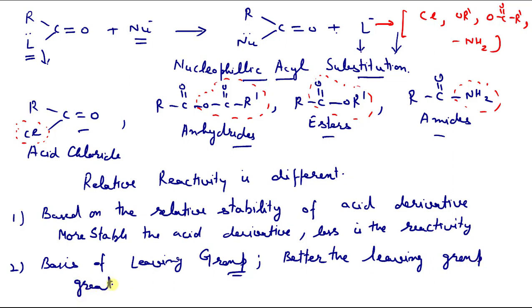So these are the two things that we will be discussing today. We will see which of these four is most reactive and which is least reactive, and we will arrange them in increasing or decreasing order of their reactivity towards nucleophilic substitution reactions.